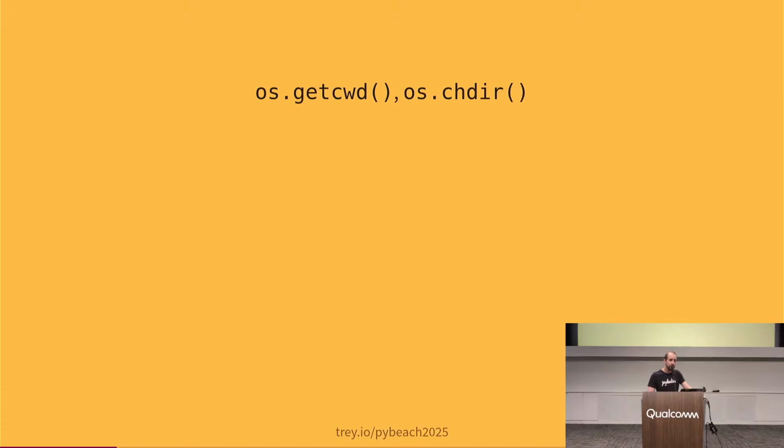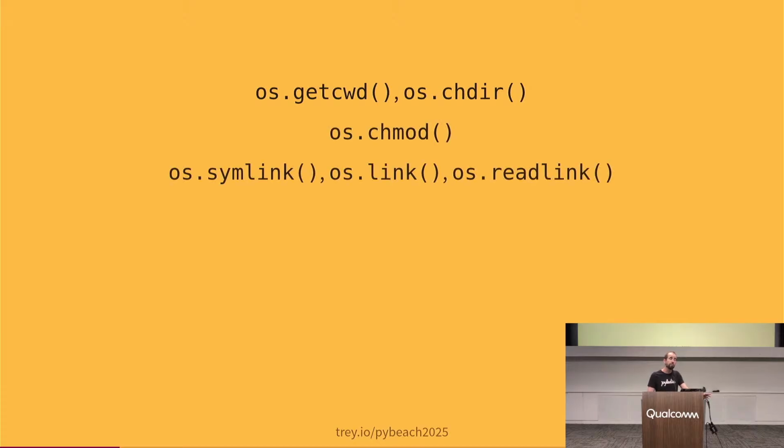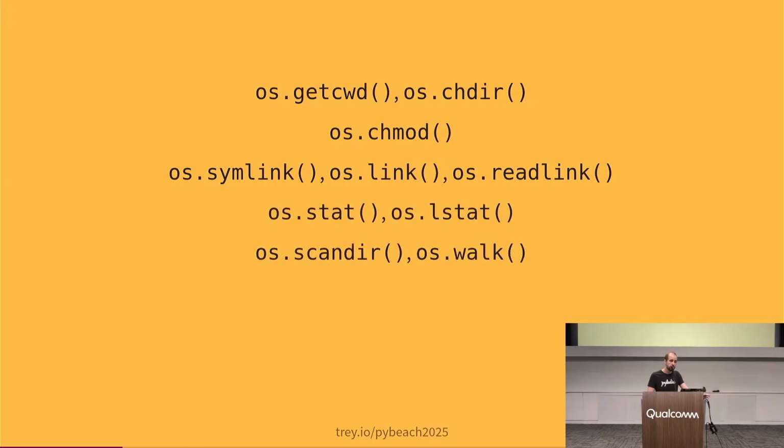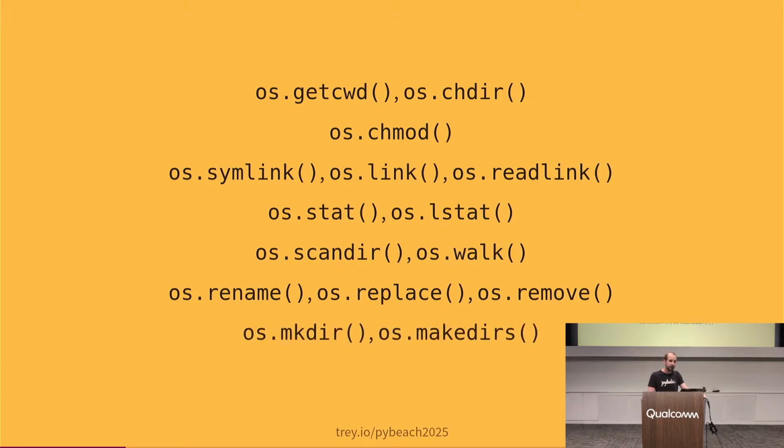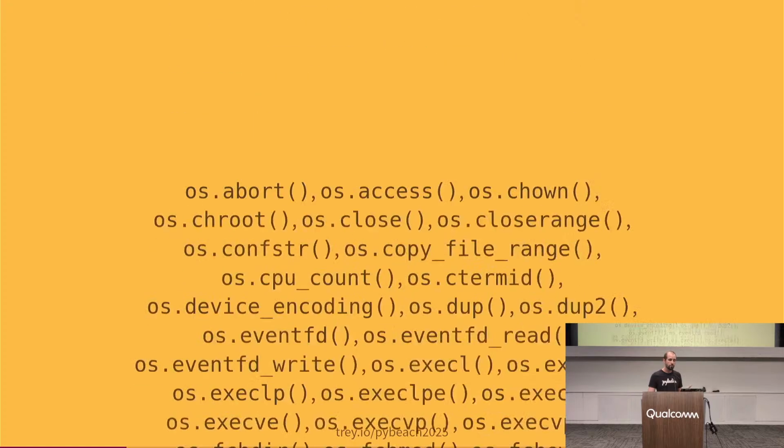There are utilities for getting the current working directory and for changing directories, for changing file modes, stuff for working with symbolic links and hard links, utilities for traversing the file system, utilities for renaming and replacing files, and utilities for making directories. These are most of the file-related utilities in Python's os module, but this is not everything that's in the os module. There's also all of this.